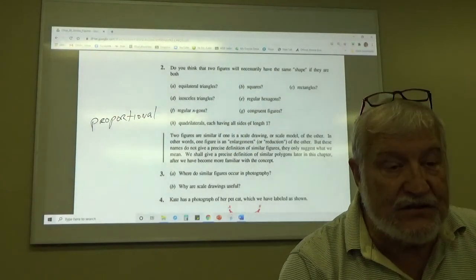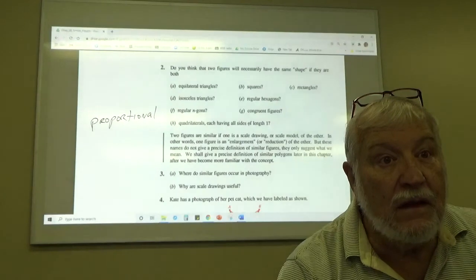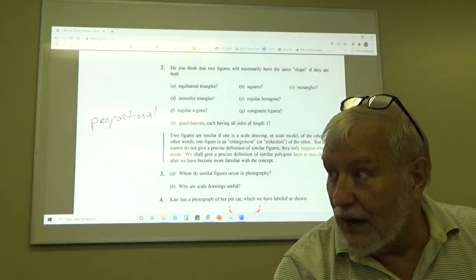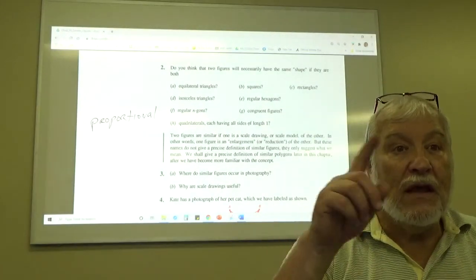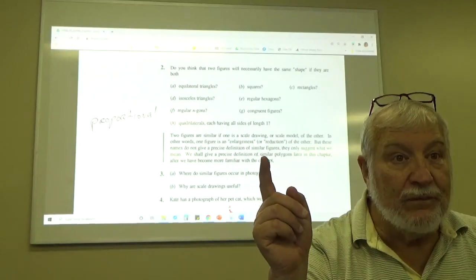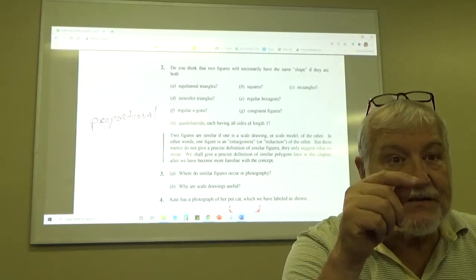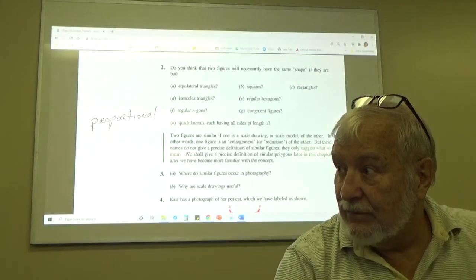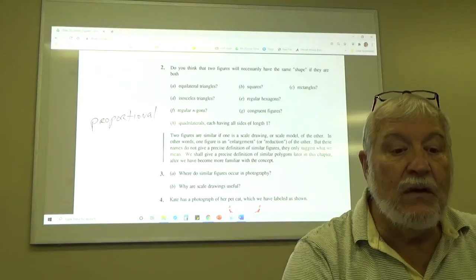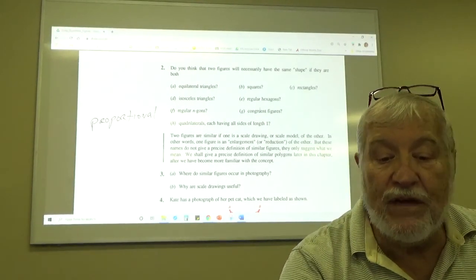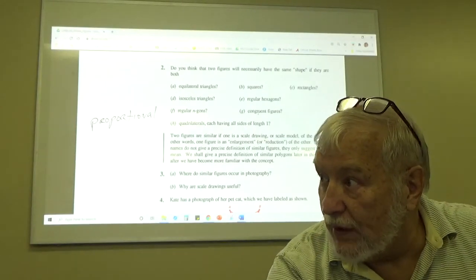It's the same. They are equal, right? And so if you make a proportion of x over x, what does it simplify to? 1. And so in a congruent figure, the multiplier is 1.